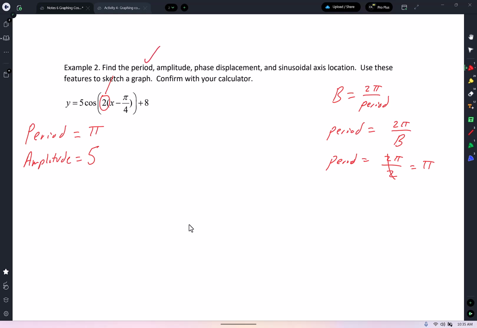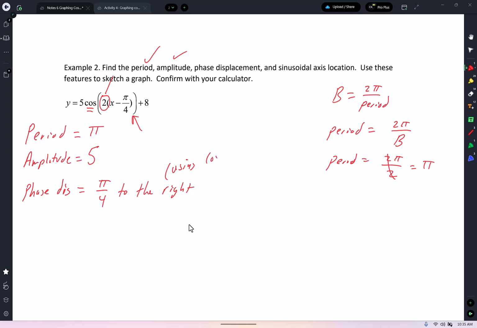Let's see, we got the period, we got the amplitude, phase displacement. I'm using cosine. So because I'm using cosine, your phase displacement is what? Not pi, but pi over 4. Pi over 4 to the right, because we're using cosine.